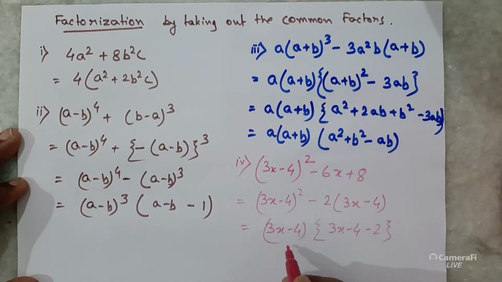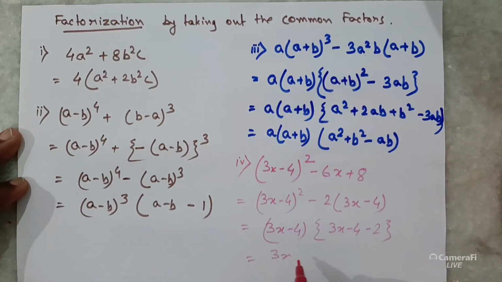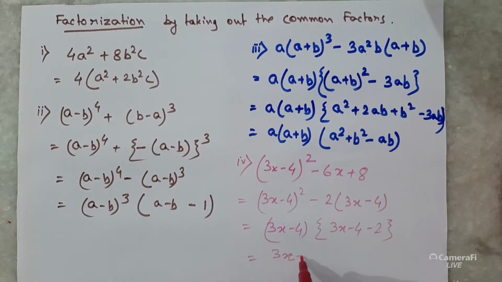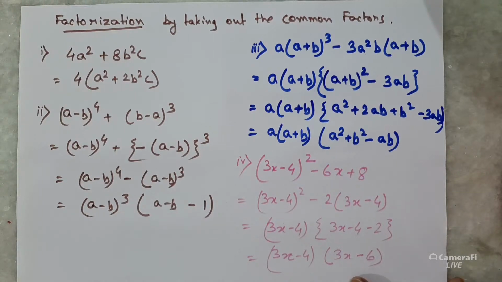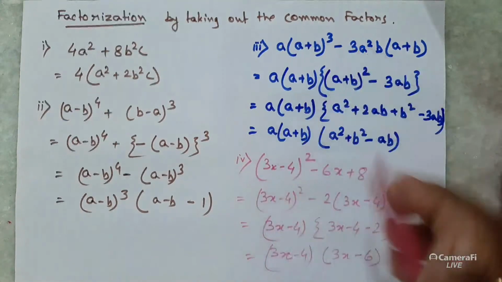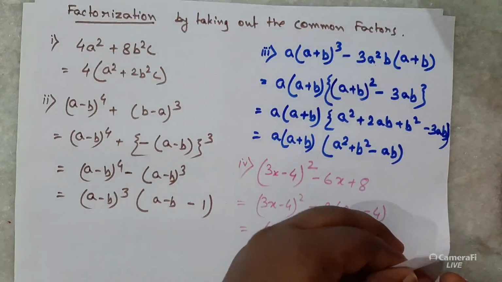From this we have taken common. Now 3x minus 4 into 3x, here it is minus 4 minus 2 is minus 6. Okay, so these are the basic factorizations by taking out the common factors.